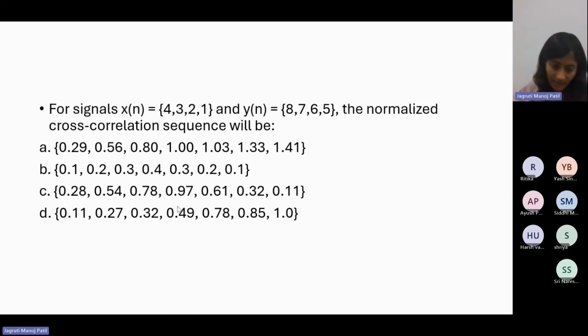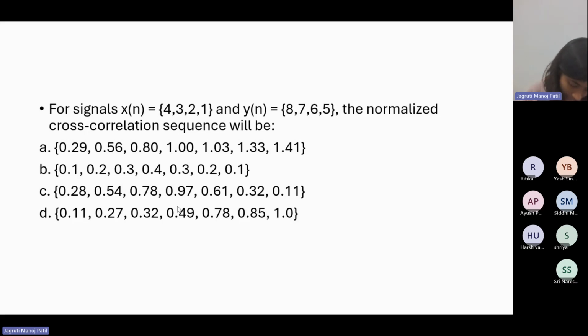Okay, so let's try with Rx, this particular value. Just let me know what these two values are. When we multiply 4321 by 4321, 8765 by 8765, and add all of them, we do x of n times x of n and y of n times y of n.